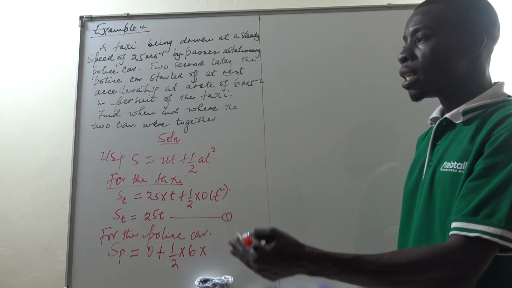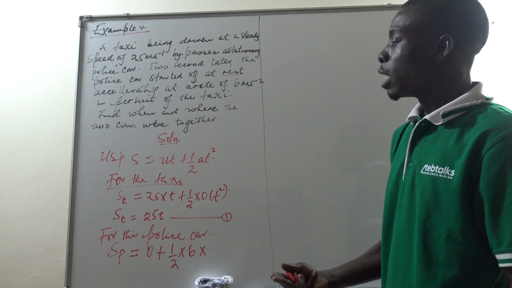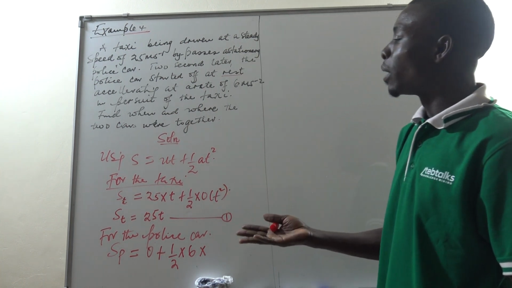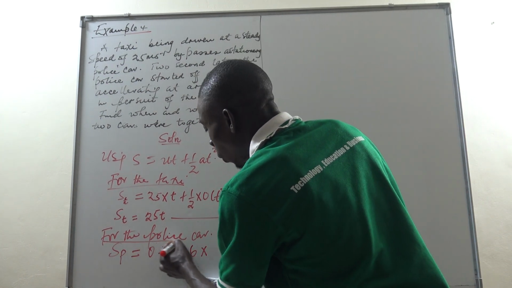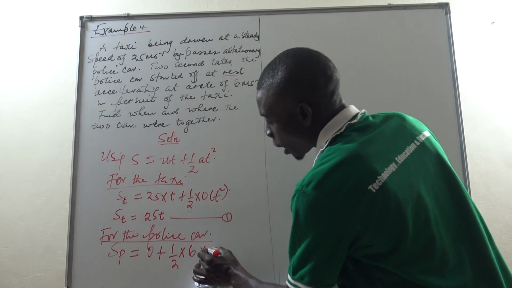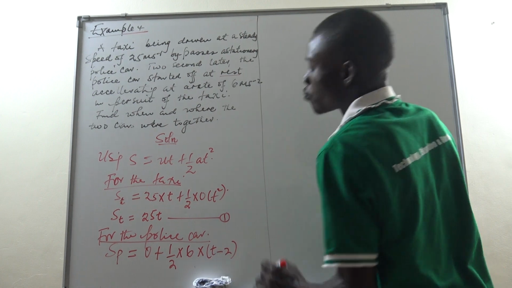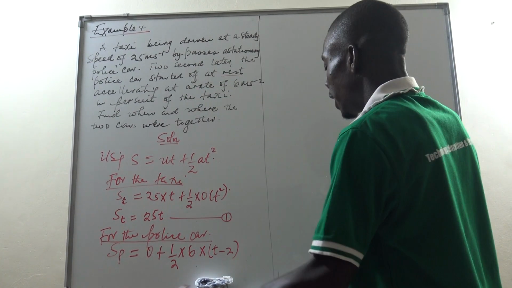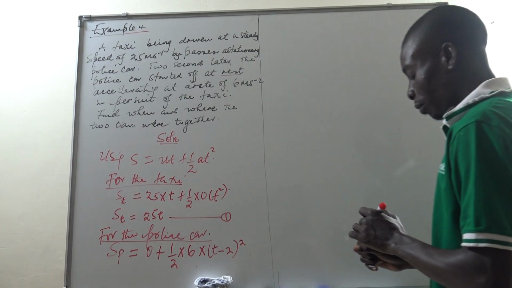What does that mean? That means that there is a time lag of 2 seconds. If the taxi is using time t, then the police car should use t minus 2. Okay? Because it is delayed by 2 seconds. Therefore, I will say here it is t minus 2, where 2 is the time lag, since it started 2 seconds later. So its time will be smaller, but now squared.